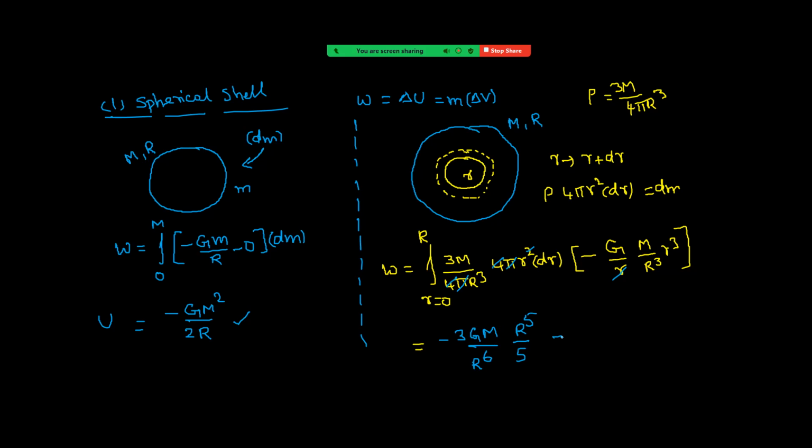So this is equal to minus 3 by 5 GM, sorry, it is M and M, so GM square by R. This is now the self energy of a solid sphere.